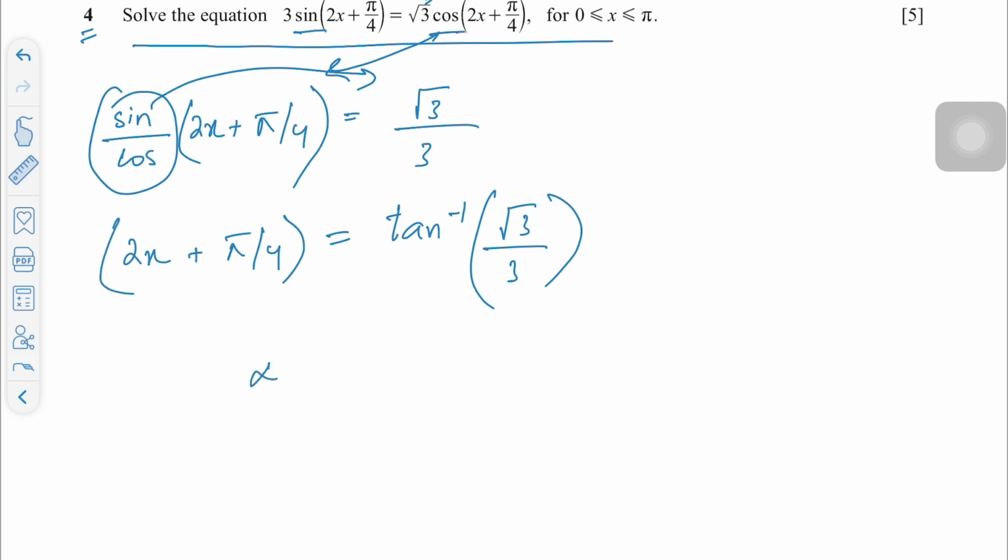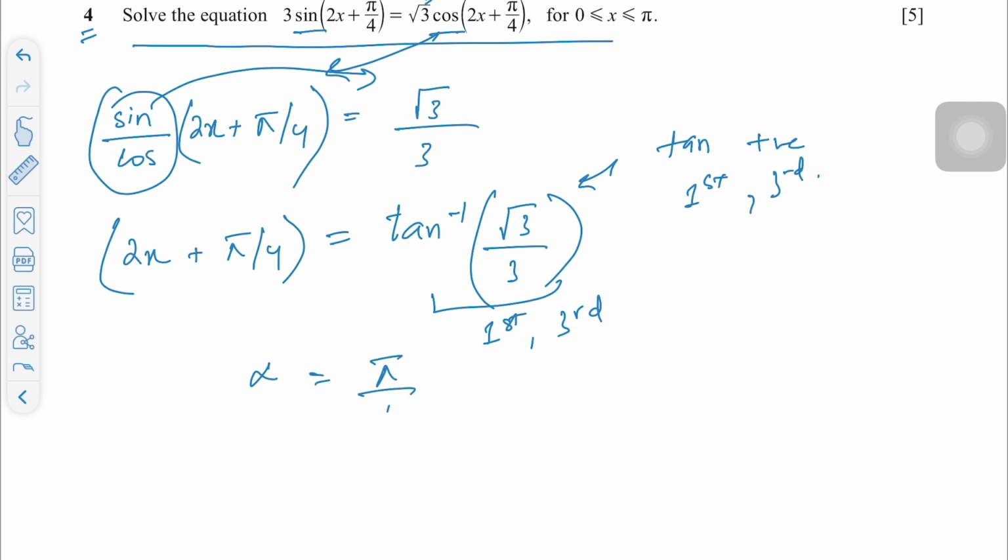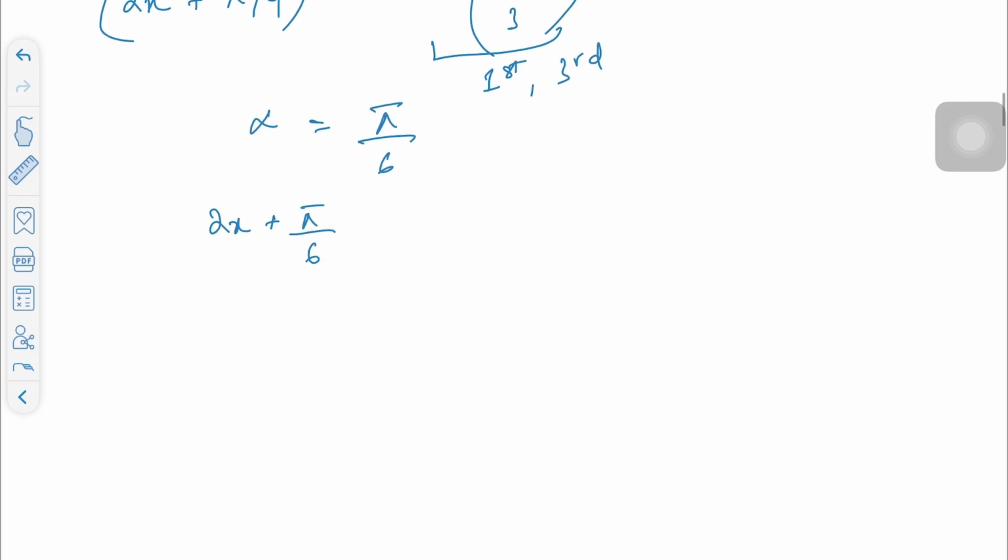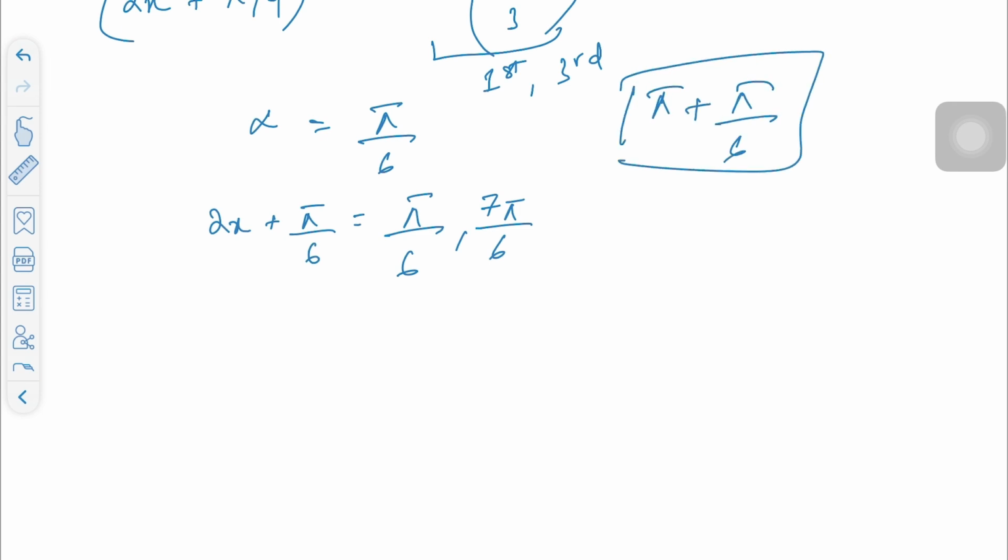Let's just calculate. So this would be in the first and third quadrant, because tan is positive in the first and third quadrant, right? So we get our alpha as pi by 6. So our thetas, that would be 2x plus pi by 4 would be pi by 6, 7 pi by 6. This is basically calculated by pi plus pi by 6. So this is our third quadrant's equation. So this is basically 180 plus alpha, right?